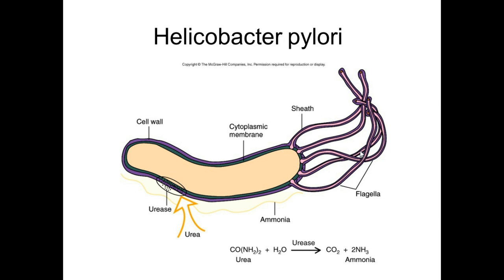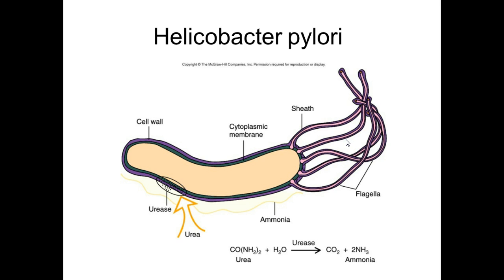Did I say spirochete? He's a spirillum, not a spirochete. He doesn't corkscrew, right? But he's a long rod that has curves to it. You can kind of see one curve here, one curve here. This flagella helps it swim through the mucus, the other very thick protective layer in your stomach.